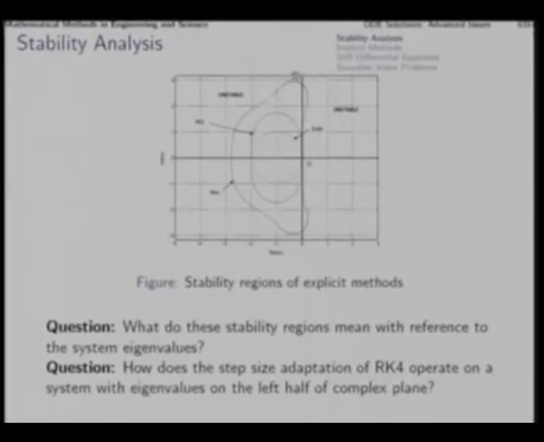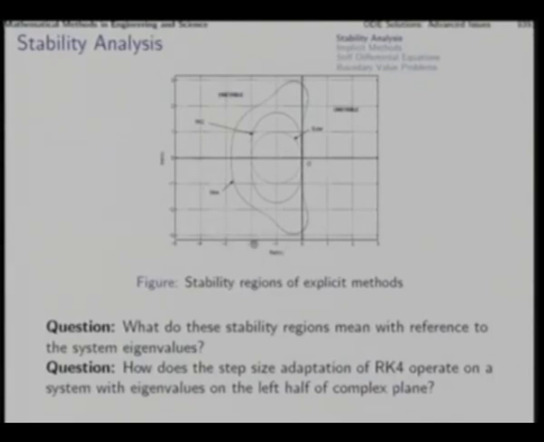Still the problem remains that for large zones in the complex plane, the instability problem remains. That is, if the eigenvalues of h lambda fall on this side, then the method is unstable. Even if the values of h lambda fall on this side, but depending upon the value of h, if they fall outside this figure here, then also the method is unstable.